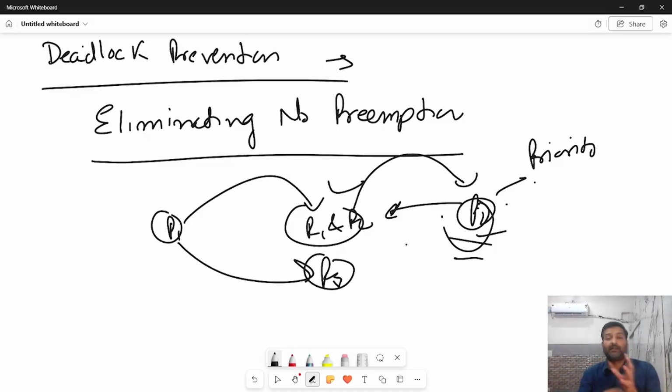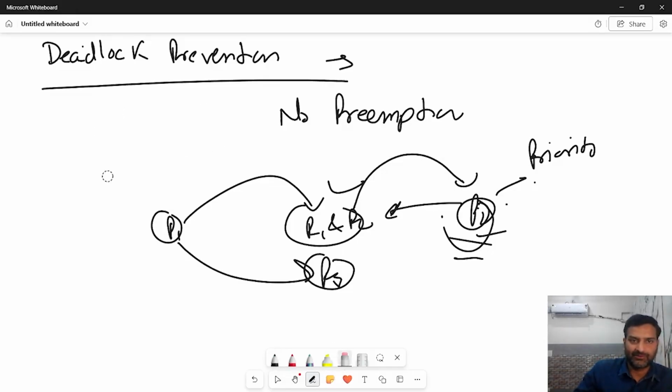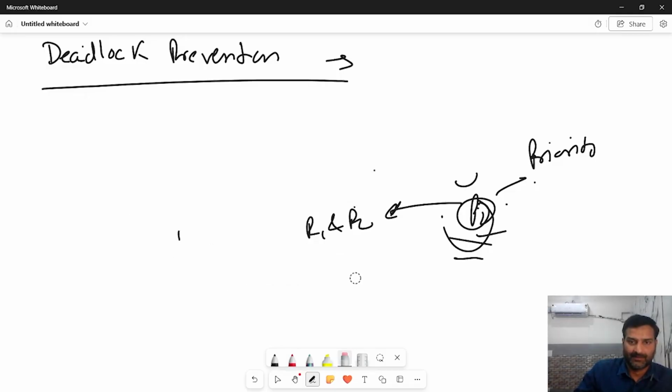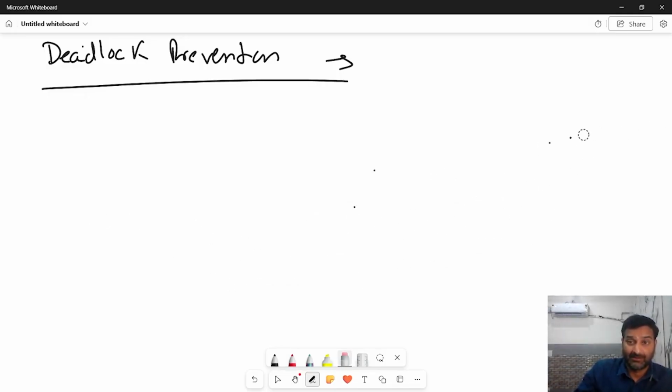In this way we can eliminate no preemption. So this is how we can prevent deadlock. Okay, clear? Let us understand the final situation, how to prevent the circular loop.